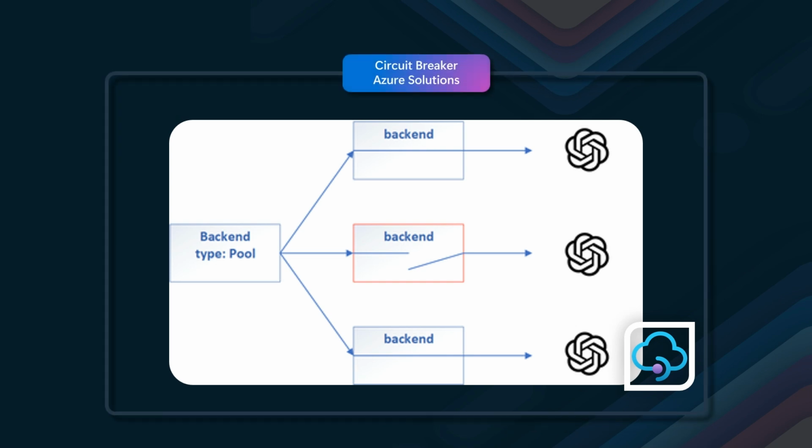So let's delve into a vital aspect of building resilient cloud applications by looking at the circuit breaker pattern with Azure OpenAI endpoints. The circuit breaker pattern is a fundamental design principle used to enhance the stability and reliability of distributed systems, particularly when dealing with transient faults or failures in a backend system. At the core of our architecture, we have a pool of backend services.